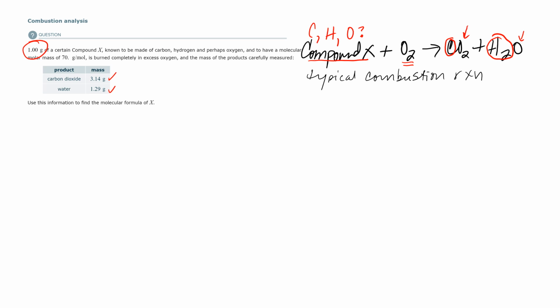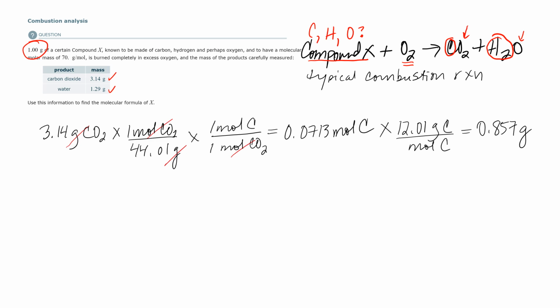So let us begin with the easier part, which is figuring out how much carbon and how much hydrogen was in this compound that we burnt in oxygen. That's the first goal. So we can take our 3.14 grams of carbon dioxide and divide it by the molar mass, but we don't really want moles of carbon dioxide. We want moles of carbon.